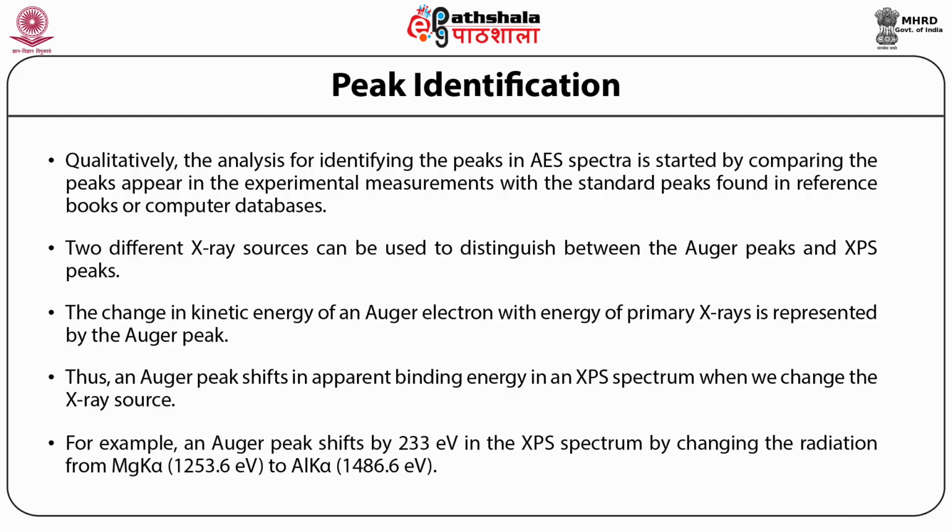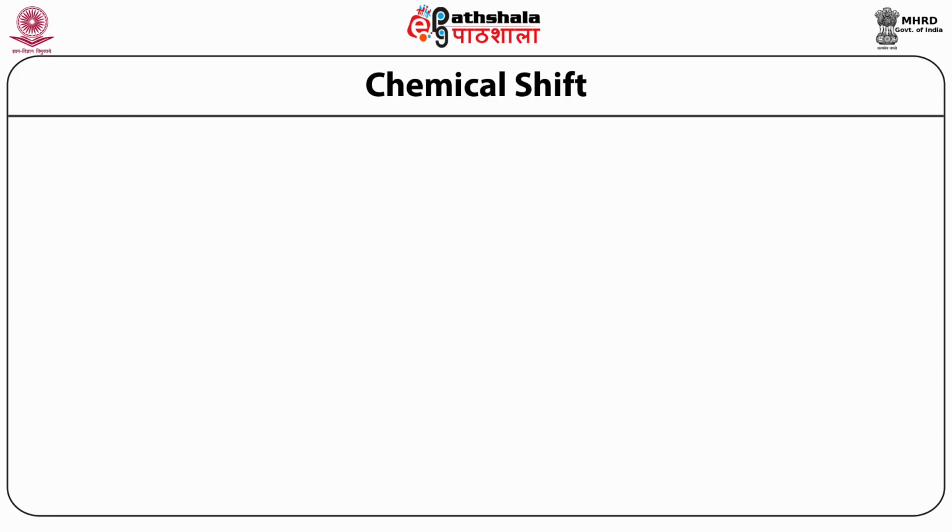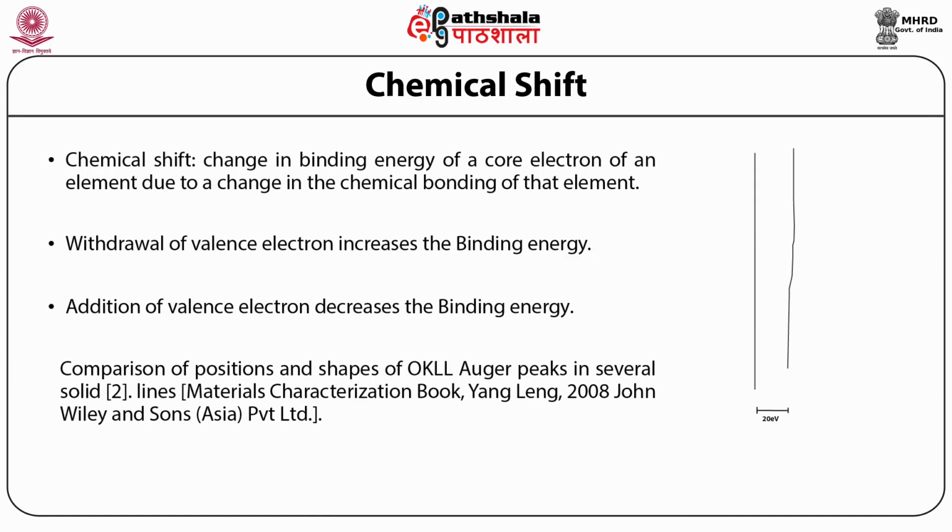For example, an Auger peak shifts by 233 electron volt in the XPS spectrum when changing the radiation from the magnesium K alpha line, which is 1253.6 electron volt, to the aluminum K alpha line of energy 1486.6 electron volt.